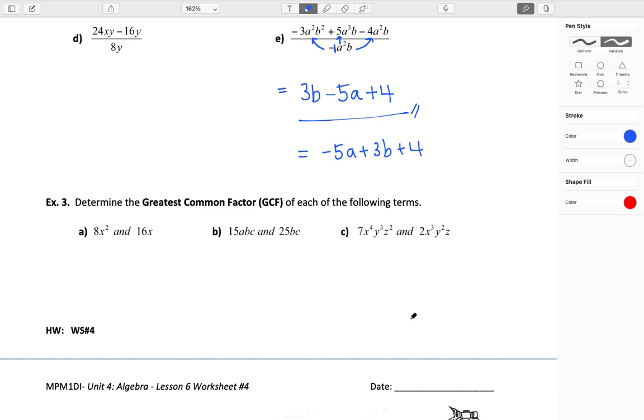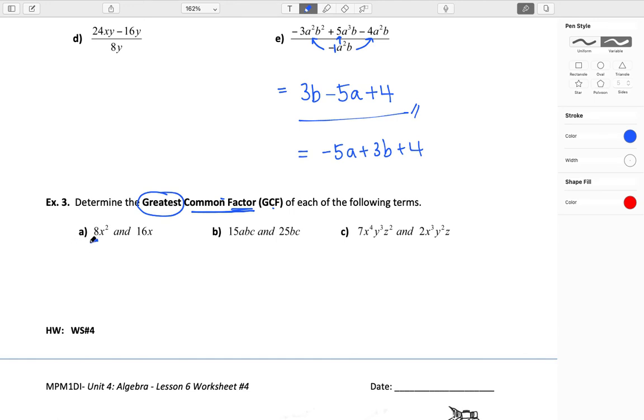Example 3 says determine the greatest common factor. Now we will be doing factoring in a later unit, but common factor means what is a number that goes into all the terms, and you're choosing the greatest number that goes into all the given terms. So for example, for number 3a, look at the numbers first and the variable.